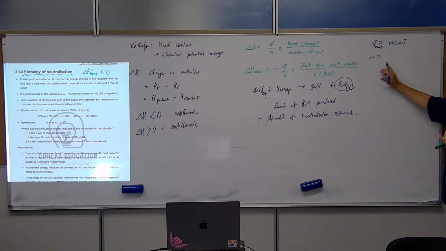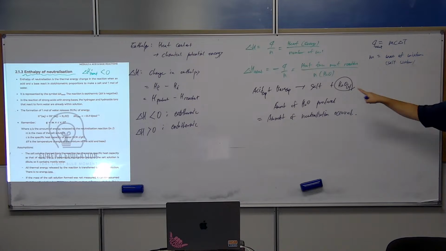So m means the mass of the mixture, sometimes known as salt water, maybe with some remaining acid and base. c is the specific heat capacity of the mixture.